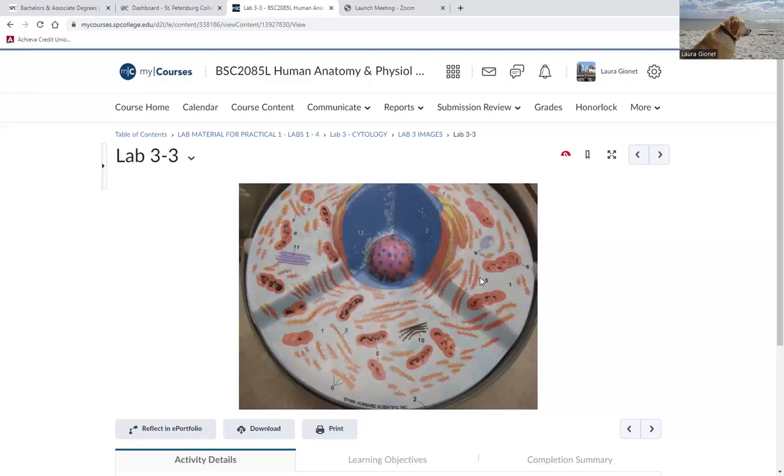If I was pointing to the ribosomes, I could ask you to identify that organelle, and you would say ribosome. I could ask you the function, amino acid assembly. I could ask what process of protein synthesis it participates in, and you would say translation.